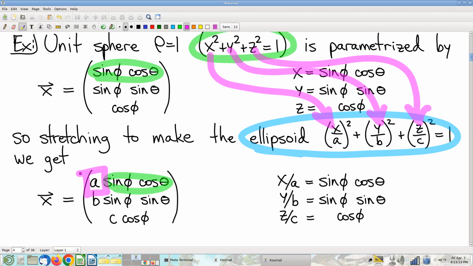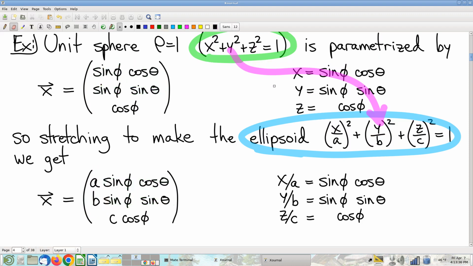Simple as that. And then likewise, I'm going to take my old Y coordinate that I need to be B times as big, and I'm going to multiply by B to make it B times as big, etc. Is everybody with me? All right. So deforming an existing parameterization is a really nice move.